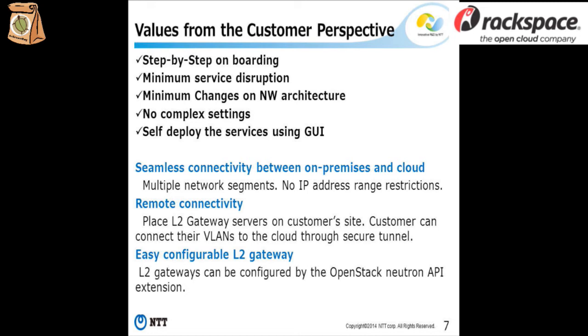Since it's connected over an L2 network, we have seamless connectivity between the two networks, one on the on-premise side and one on the data center side. Remote connectivity is also seamless, you have your L2 network, and you don't have to change the IP addresses. We provide an IP address range without any restrictions, so you can have your servers the same as you have on your on-premise side. So there are a lot of advantages in this system.